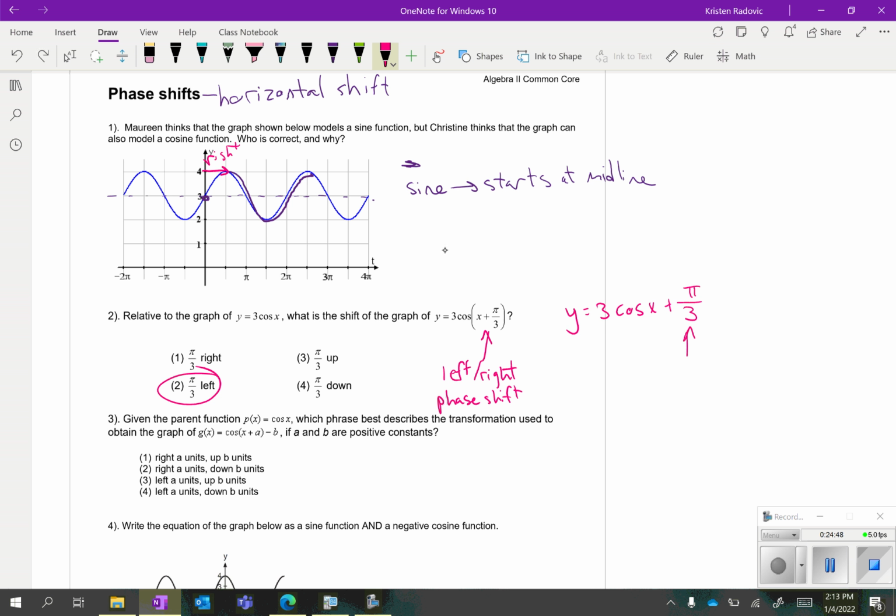So this is up slash down, midline. That's all you really have to know about phase shifts. If it's in parentheses, left to right. So in this case, you have something in parentheses that's heading to the left as a phase shift. If it's outside of parentheses, that's heading downwards as a midline.